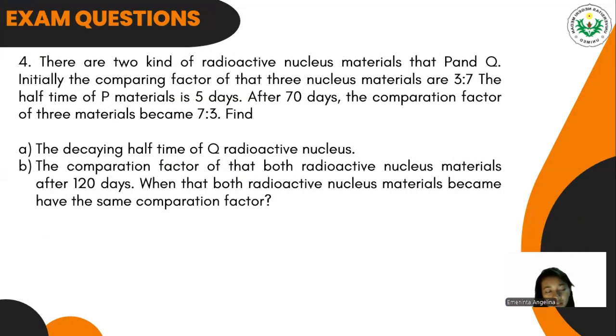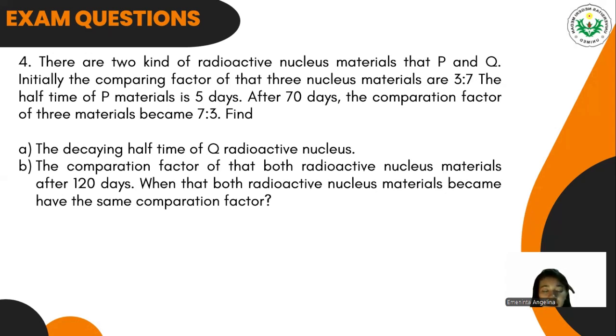Next, for the exam question number 4, there are two kinds of radioactive nuclear materials, that is P and Q. Initially the comparison factor of the two nucleus materials is 3 over 7. The half-time of the P material is 5 days. After 70 days, the comparison factor of the two materials becomes 7 over 3.